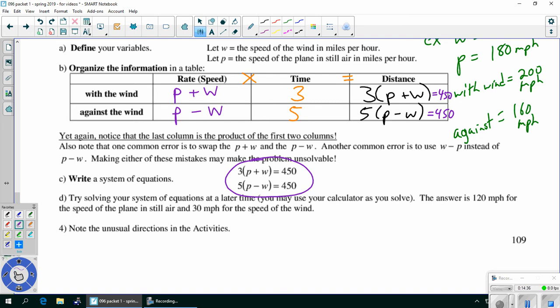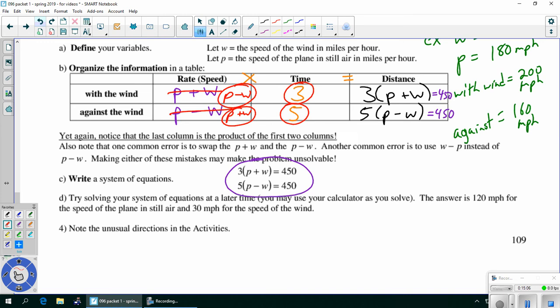Okay, next observation. It is really easy to be careless and put these two things here in the wrong spots. If you get them reversed, if you instead were to put right up here P minus W, and right down here P plus W, you are going to get the wrong answer, because then you are saying that the part where the wind is hurting the plane takes 3 hours, which is less time than the part of the trip where the wind is helping the plane.